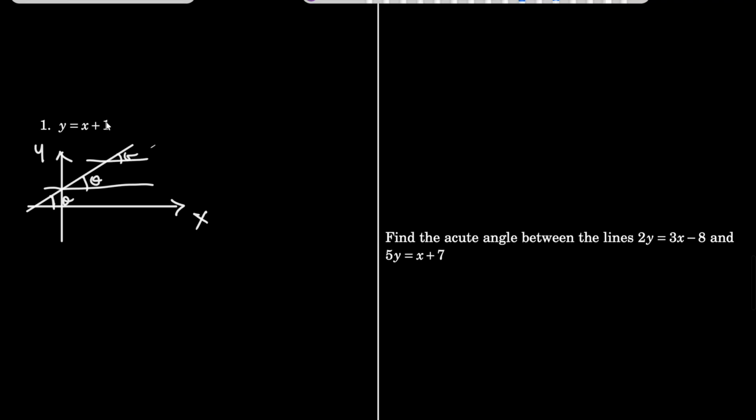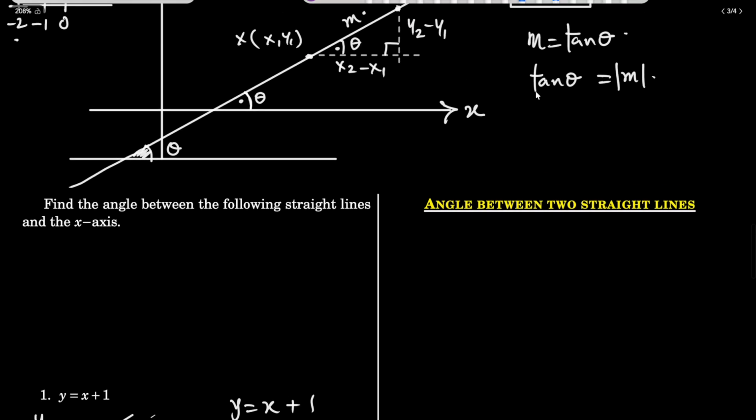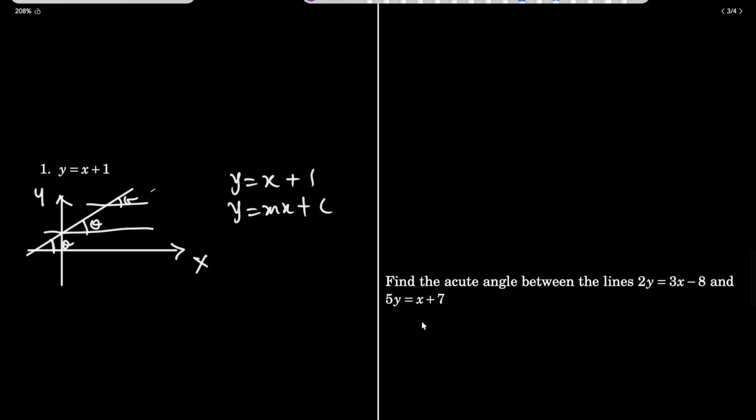So all I need is, let me try to match my y equals x plus 1 with y equals mx plus c, because all I need is my slope. Because if you look at the formula, you have tan theta is equal to the absolute value of m. Here m is equal to 1.